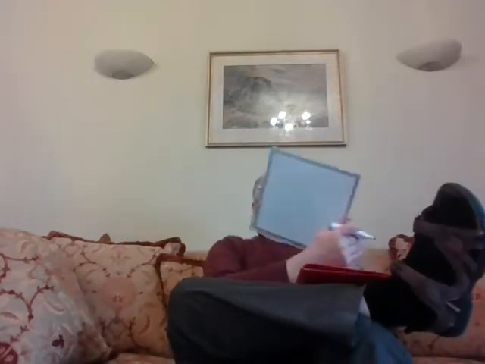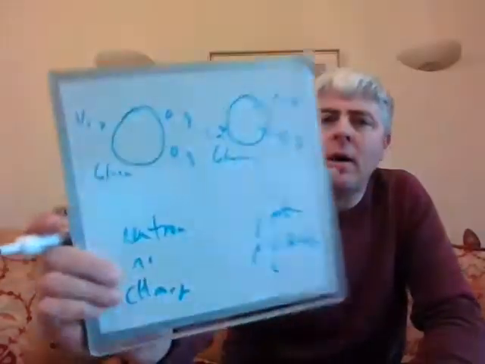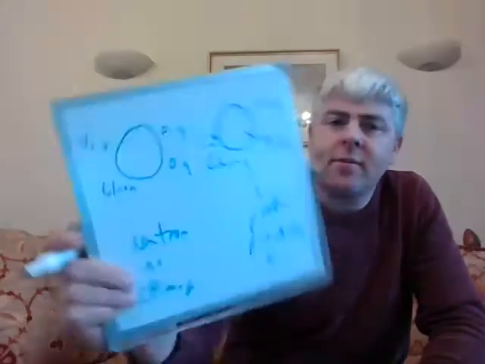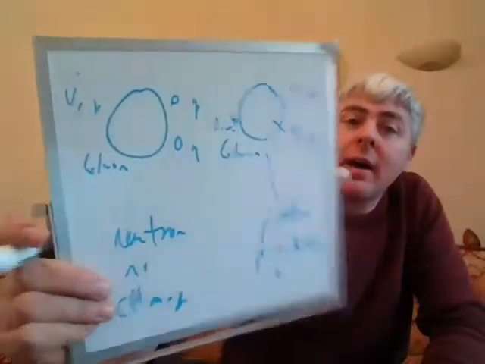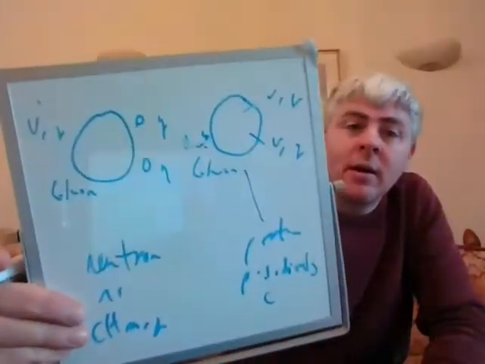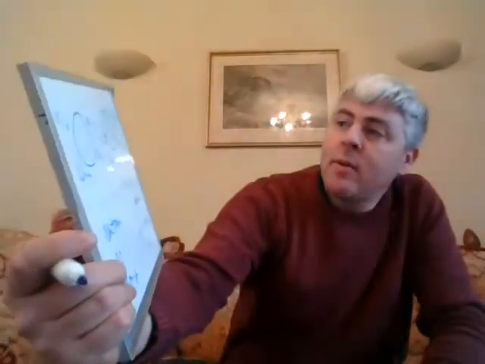I just want to show you here, for the proton, you've got two up quarks and one down quark. One of the up quarks is high up, and there's another up quark at the bottom there. So I just wanted to show that to you. The proton consists of two up quarks and one down quark, and the neutron consists of two down quarks and one up quark.